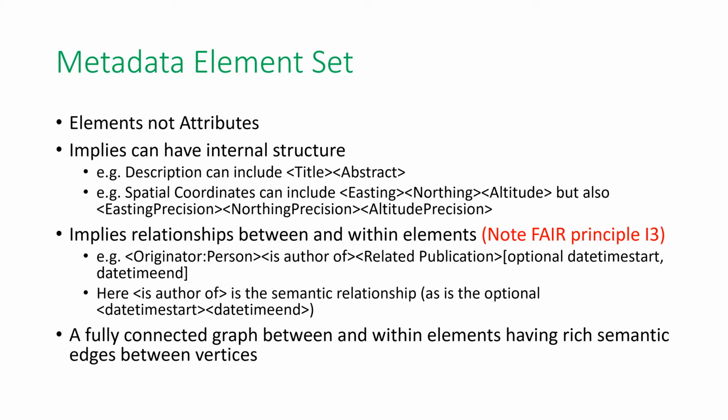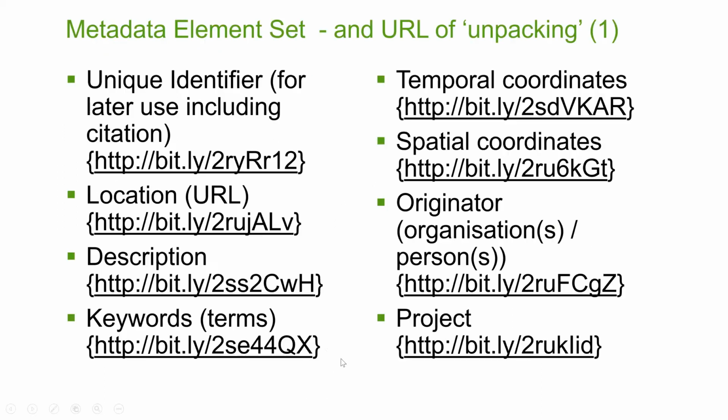So is author of is actually the semantic relationship between the two entities or objects being described, i.e. the person and the publication. What we end up with, of course, is then a fully connected graph between and within the elements, which gives rich structure, rich syntax, and also rich semantics, which is denoted on the edges between the vertices.